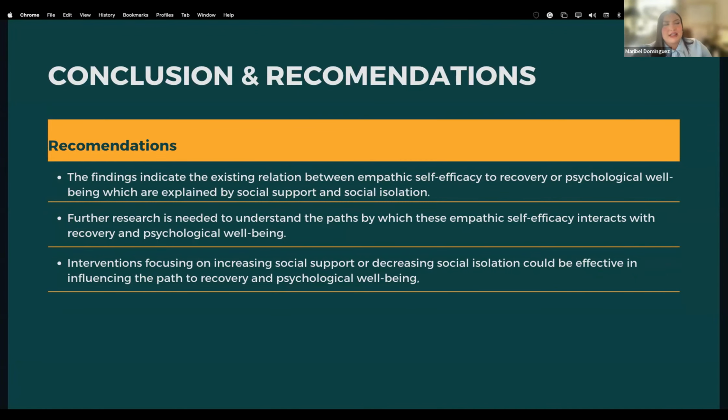I couldn't find research that focused on mediation analysis from the peer workforce focusing on these variables. And so there is a need for research. And also there's a need for interventions that focus on social support and decreasing social isolation, as they could be effective in influencing the path to recovery and psychological well-being.